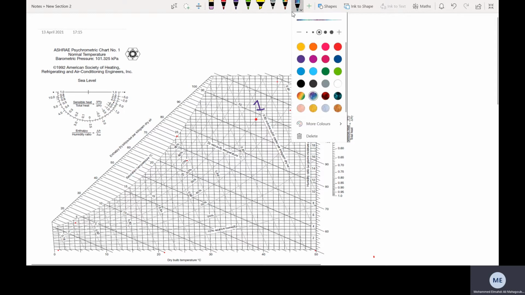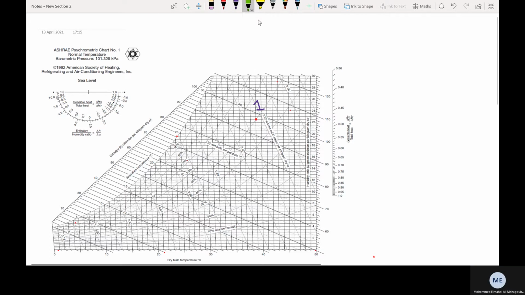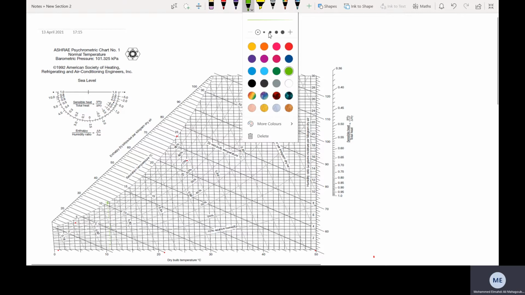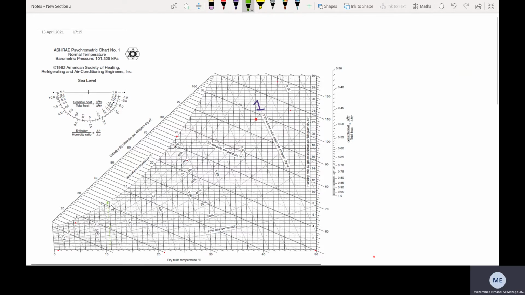So I'm gonna go with very fine lines. Okay, let me mark them very thin to make it somehow accurate. I'm going up, and then I hit here. Then I go in lines that are somehow parallel to these dotted lines.